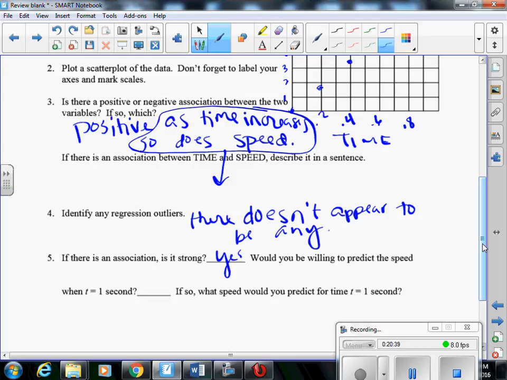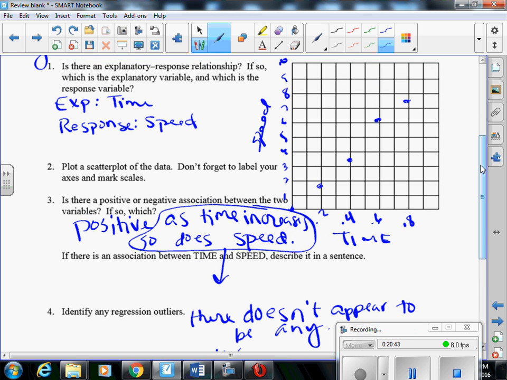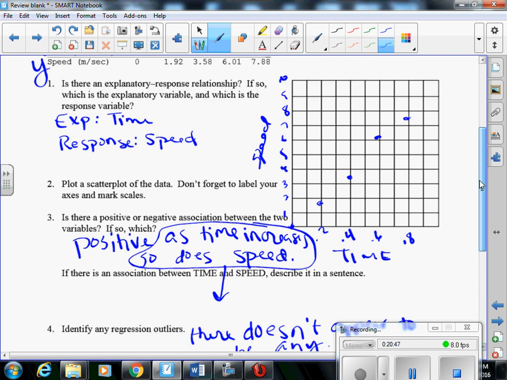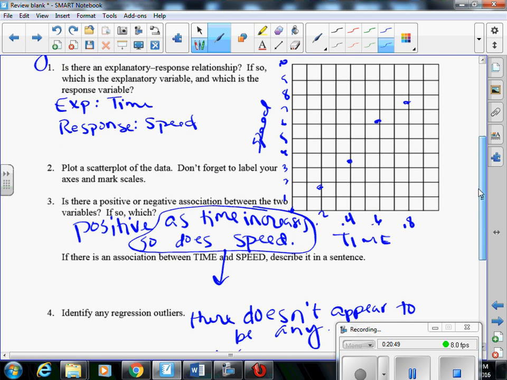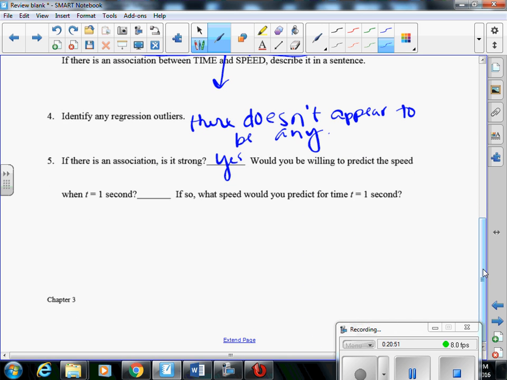Would we be willing to predict the speed at 1 second? Since 1 second is not far from where we left off with 0.8 seconds, I would say we're okay with that. It is not an extrapolation. So yeah, we could actually do this. When you plug this into the equation and calculate it, you should get about 10 meters per second.